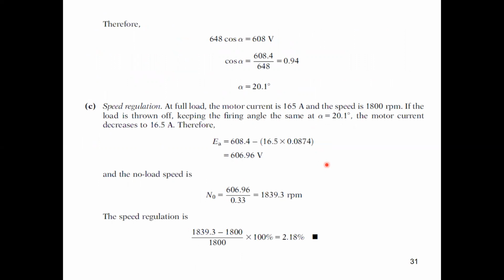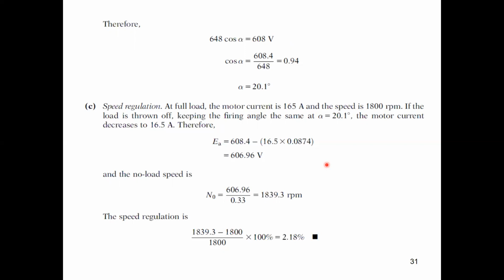speed at full load. So the no load speed for this voltage operation, for this condition, is equal to EMF for no load divided by the K phi to get the no load speed.